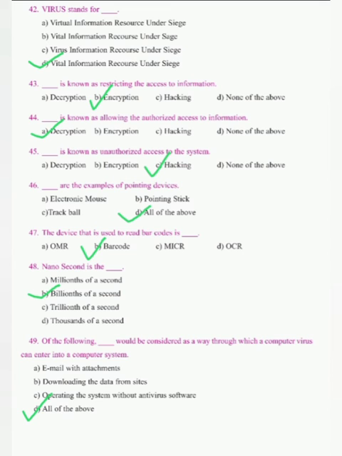Of the following, which would be considered a way through which a computer virus can enter a computer system? A. Email with attachments, B. Downloading the data from sites, C. Operating the system without antivirus software, D. All of the above. Answer: all of the above.